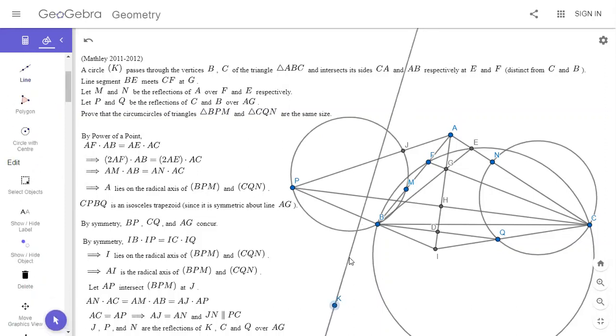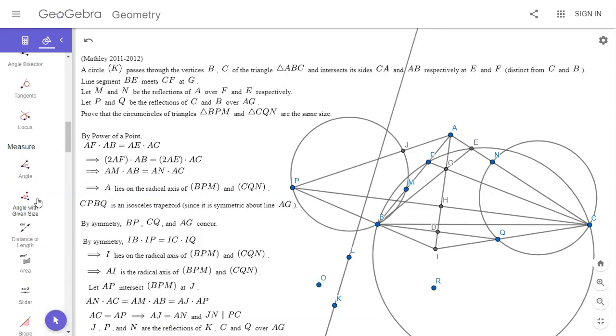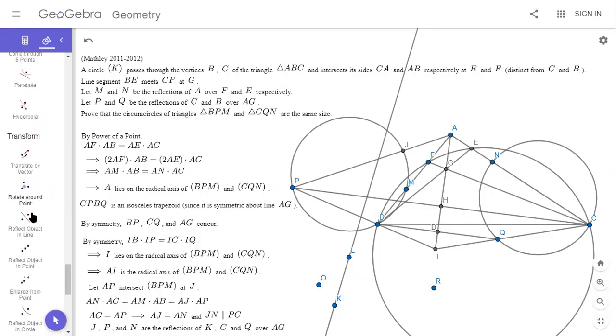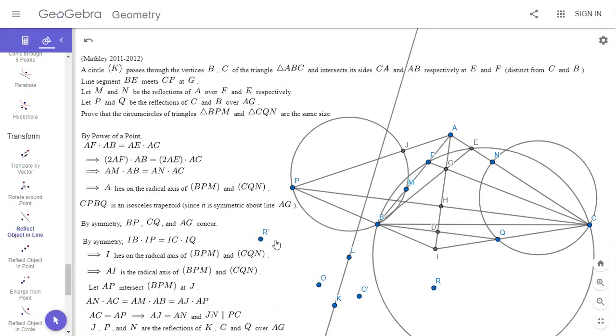Like if I pick a random line and some random two points, and I reflect them both, then this is an isosceles trapezoid, right? By symmetry. Does that kind of make sense?